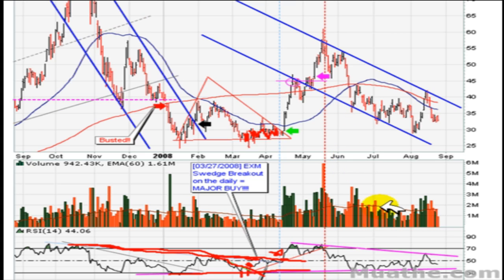So right now we have another cheat code, or we had one recently, where the stock had this wedge. We've confirmed the line here, and then a third time here.